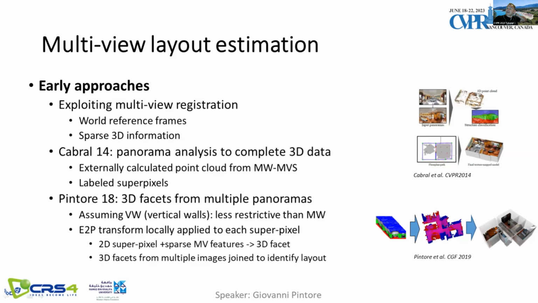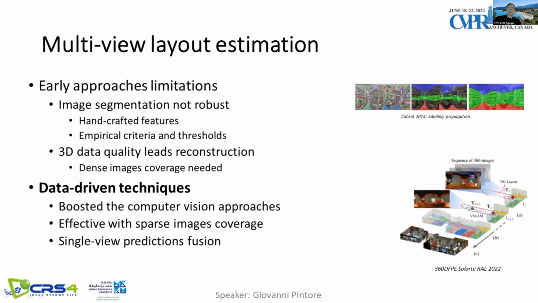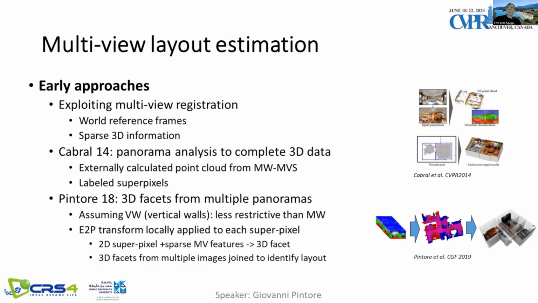3D faces are recovered from a superpixel segmentation of multiple panoramic images. Such images are registered in a common floor plane space. They assume here only vertical walls, so they can reconstruct also sloped ceilings and walls with no right angles.